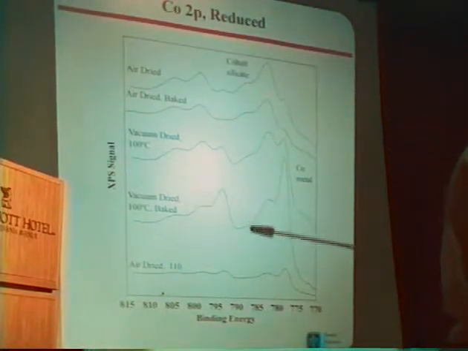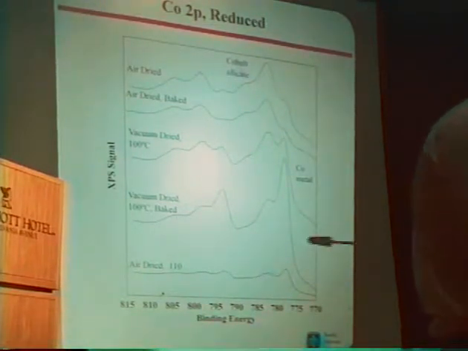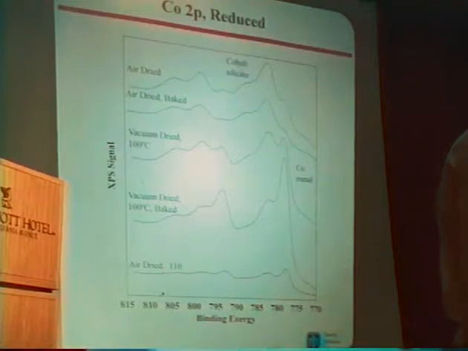Now, we do see a large portion of irreducible cobalt silicate on this sample, but the size and the intensity of this metallic feature far outweighs the small amount of cobalt silicate that we observed.